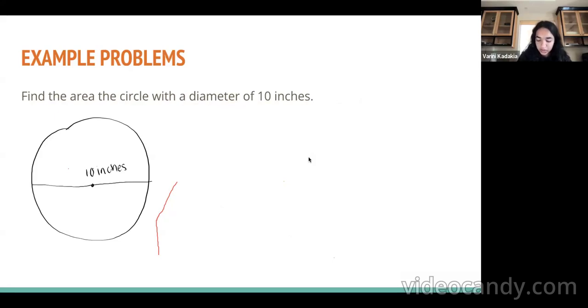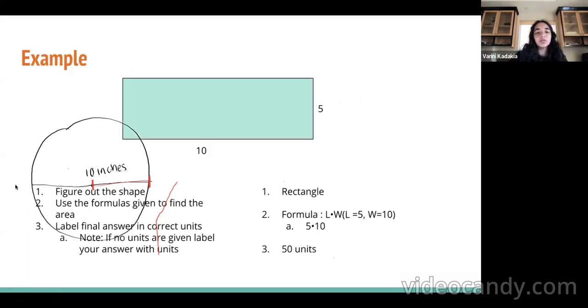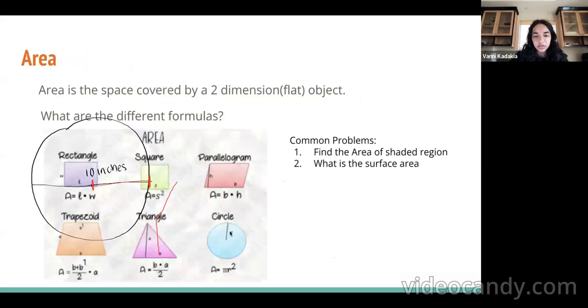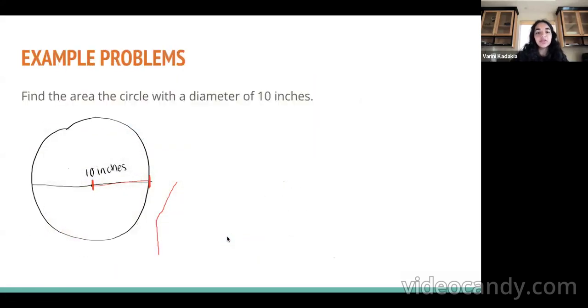The radius is actually only from here to here. Remember, if I go back a couple of slides, you can see that they've drawn the circle with just r. So to find the area of the circle, we only need this much.